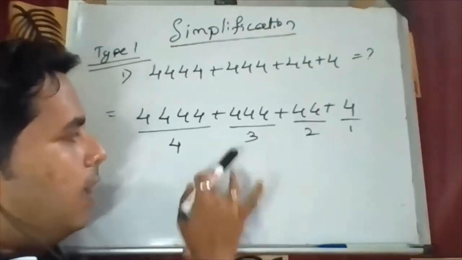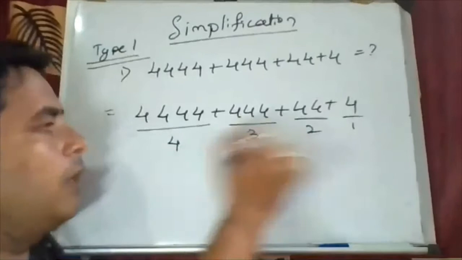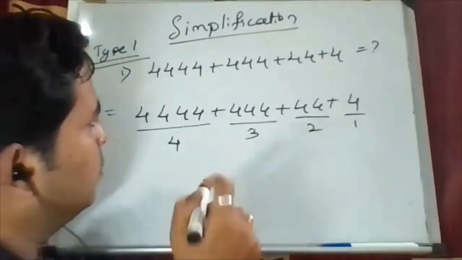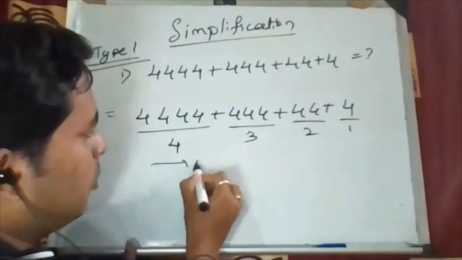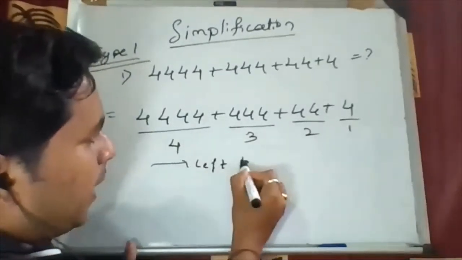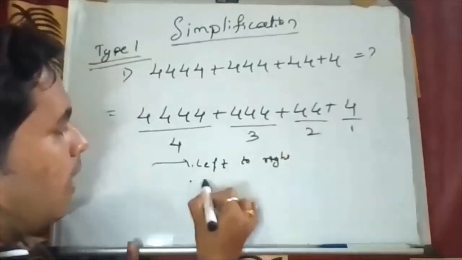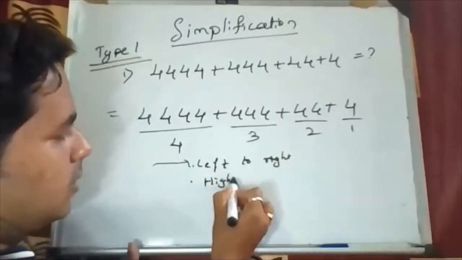I'll tell you in which type we have to go left to right, and when you have to go right to left. Now in this case, you have to move from left to right, going from the higher digit to the lower digit.